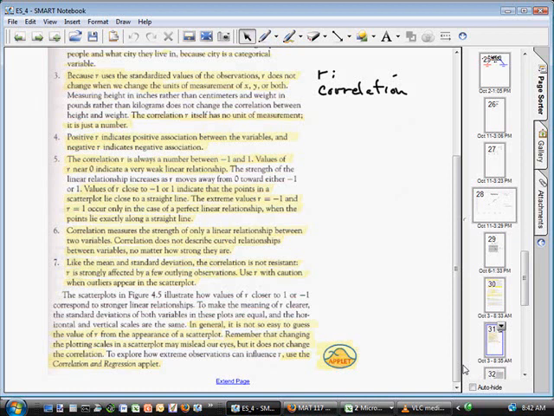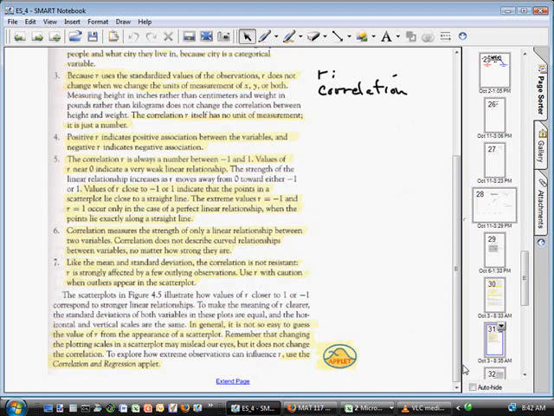So correlation is only for finding straight line relationships. Are there other things that can be used to do that? Yes. But we want to know if it's a straight line linear relationship. So just so you know, correlation doesn't work for curves.